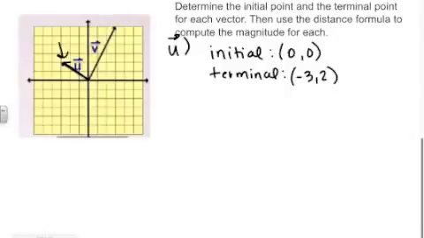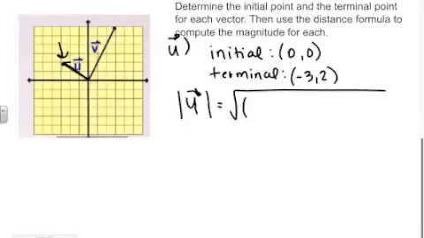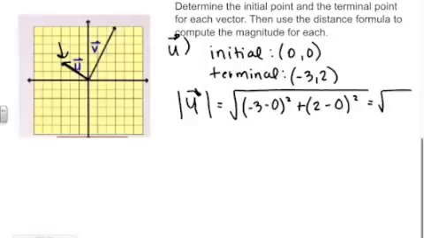Then we're going to use the distance formula to find the magnitude of U, using this notation. It's going to equal the square root of the difference of the x's, -3 minus 0 squared, plus the difference of the y's, 2 minus 0 squared, and what you end up getting is root 13. So that's the magnitude for the vector U.